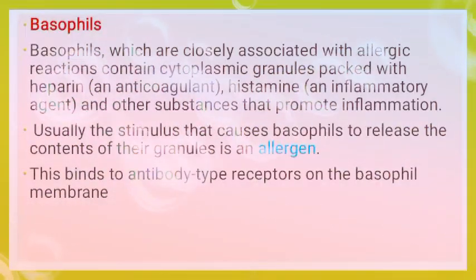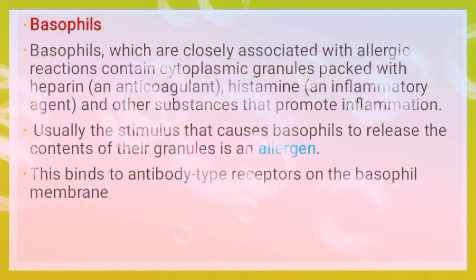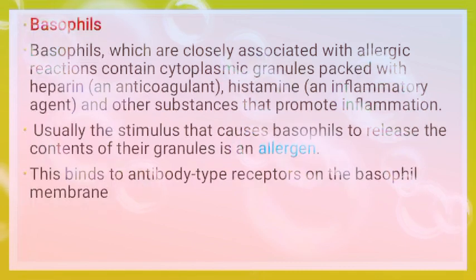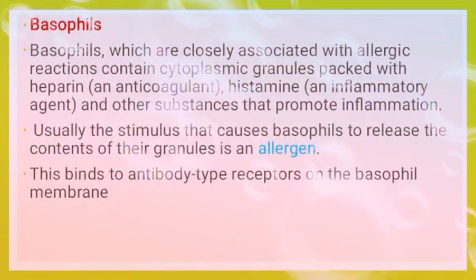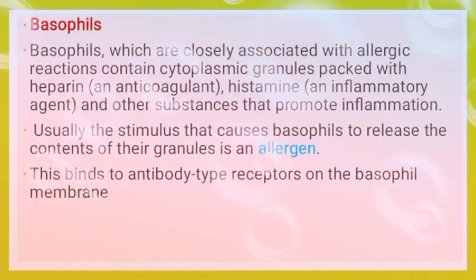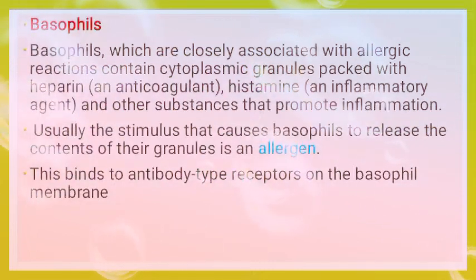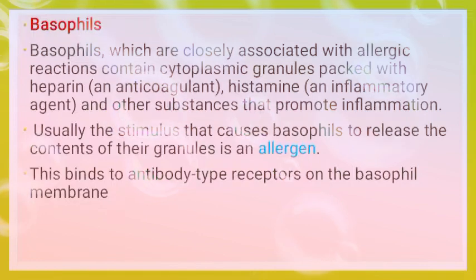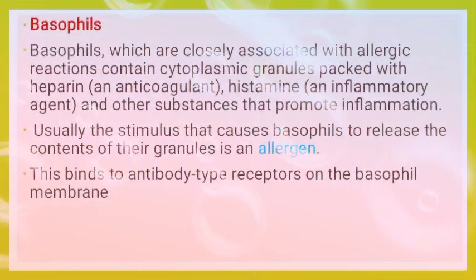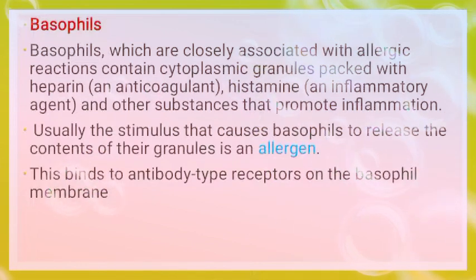Having looked at the function of the neutrophils, what is the function of the basophils? Basophils are very essential and important in allergic reactions, for they contain in their granules something like heparin, which is an anticoagulant.